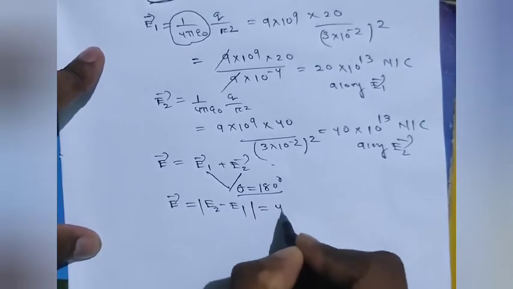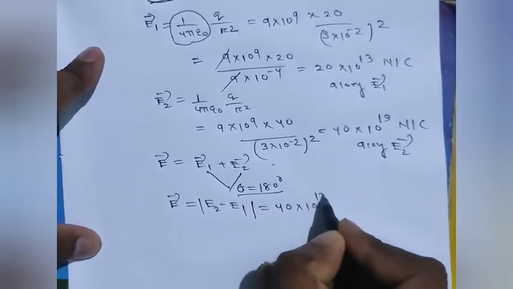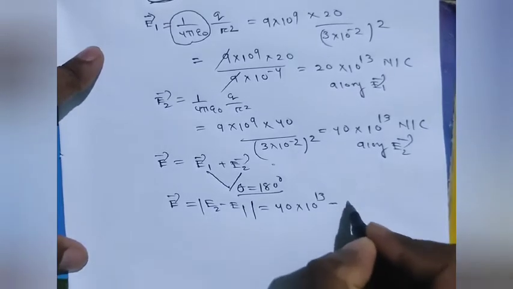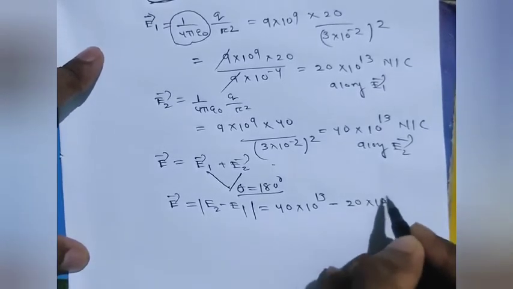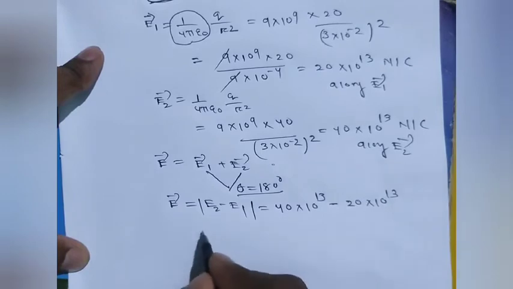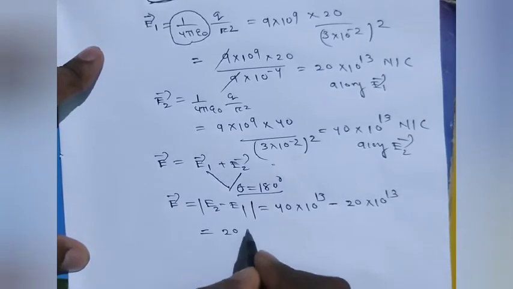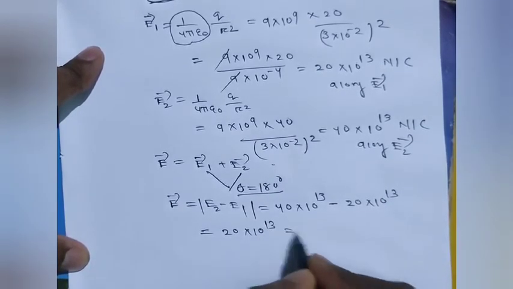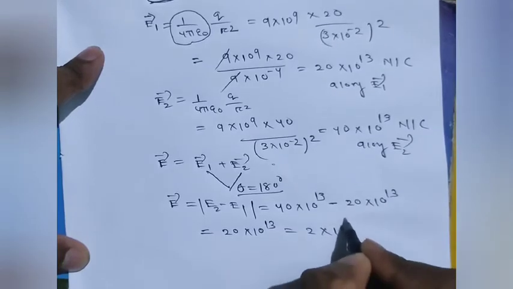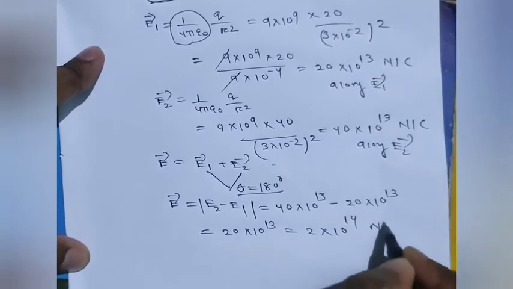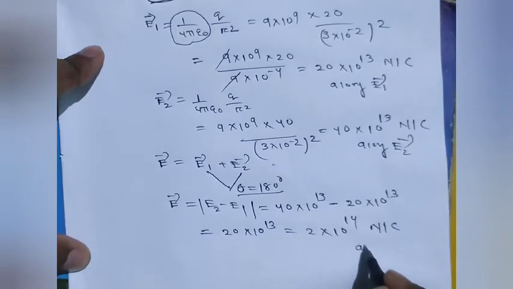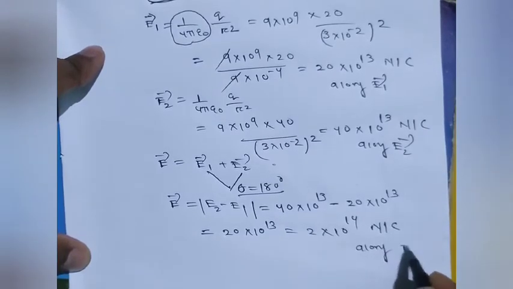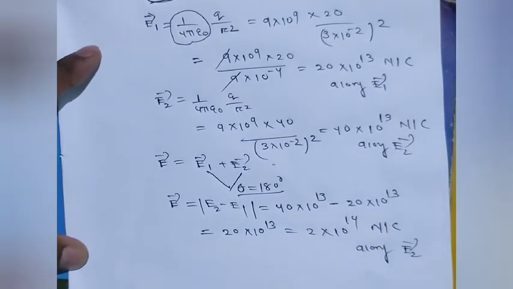E2 is 40 into 10 to the power 13 Newton per Coulomb, and E1 is 20 into 10 to the power 13 Newton per Coulomb. So it will be 20 into 10 to the power 13, that is 2 into 10 to the power 14 Newton per Coulomb, and that will be along E2 because E2 is greater than E1.